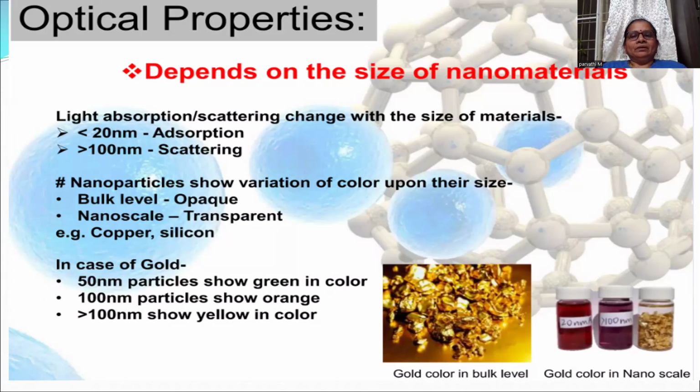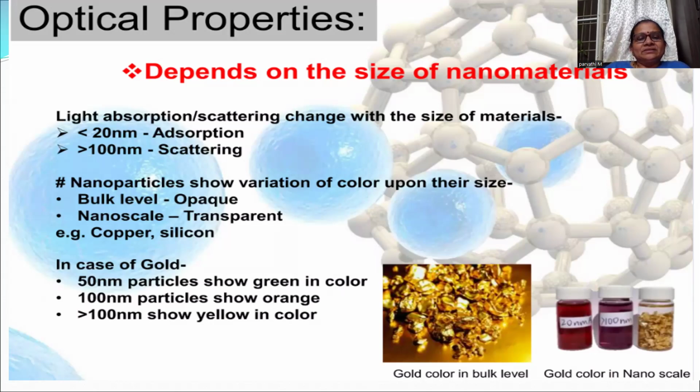Similarly, nanomaterials will show color change. At bulk level, they look opaque, but the tiny nanomaterial looks like a transparent material. A similar example is copper and silicon, and in the case of gold, 50 nanometer particles show green color, meaning the size of the particle is very small.